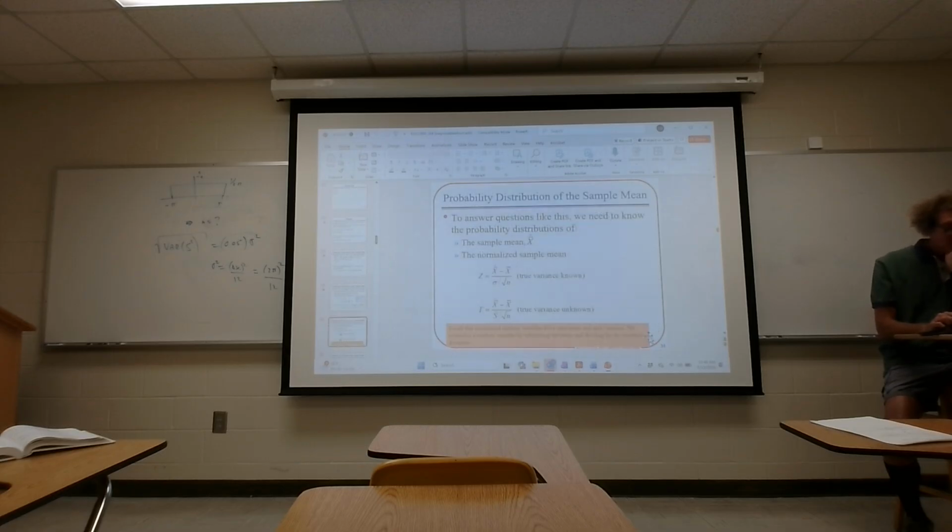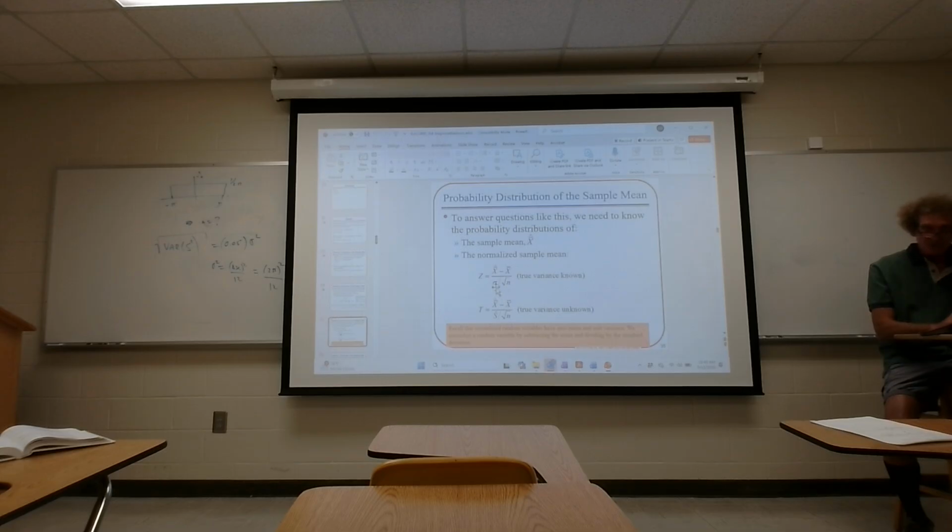So to answer questions like this, we need to know the probability distribution of the sample mean, and the normalized sample mean is this. Now here is something you got to understand. For this one, Z here, he's assuming we know the true variance. You see that sigma?